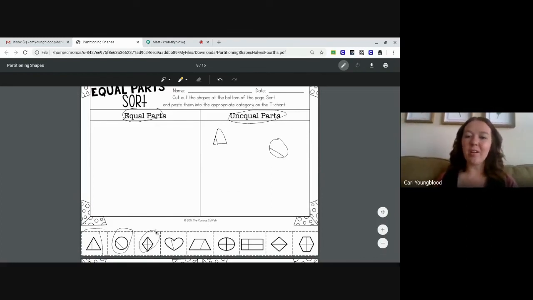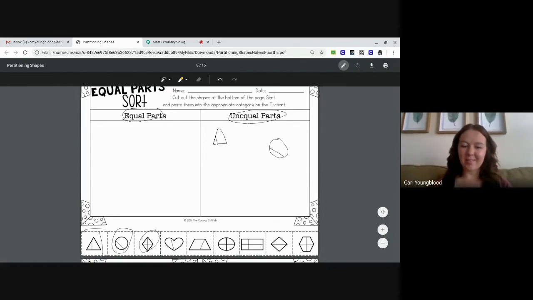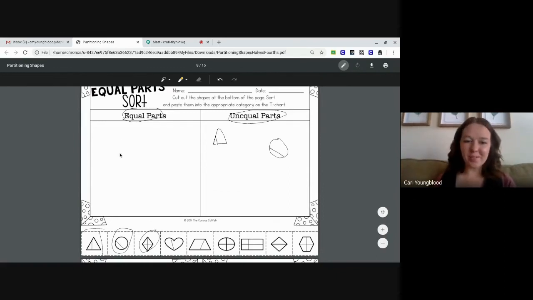Equal parts or unequal parts? Equal parts. Good. As an extra challenge, can you tell me what it's divided into? Is it divided into halves or fourths? It's divided into fourths because there are 1, 2, 3, 4 equal pieces.